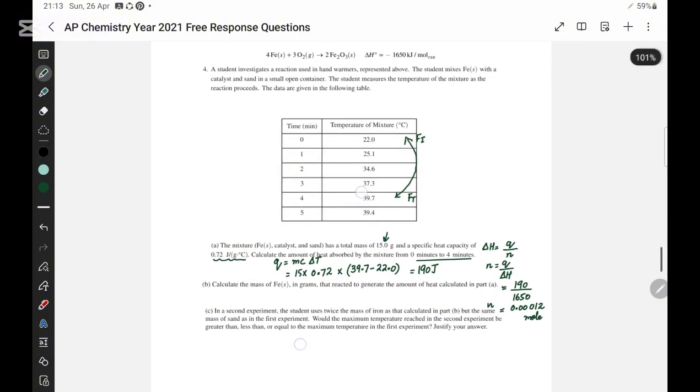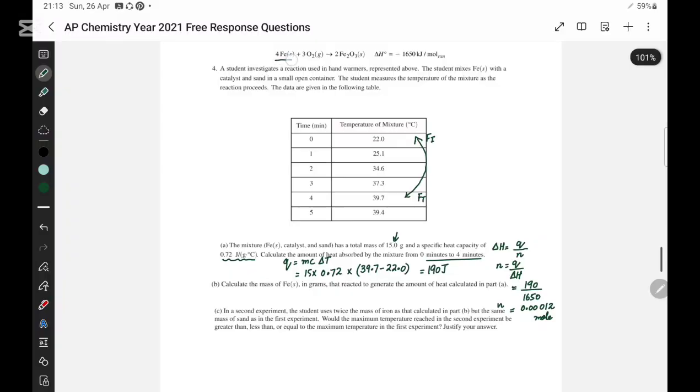So these are the moles. But in the reaction, if you see, there are 4 moles of iron and these moles are for 1 mole. So for 4 moles of iron, you are going to multiply 4 with 0.00012, and that comes out to be 0.00048.